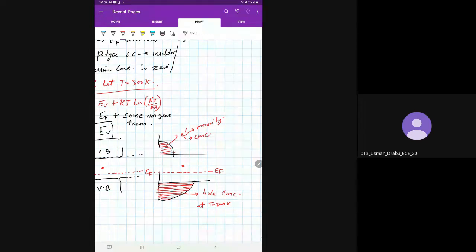We can say hole concentration is greater than electron concentration. You can note it down that the Fermi energy level is just above the acceptor energy level, EA.